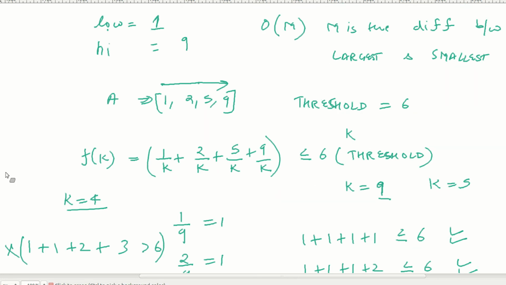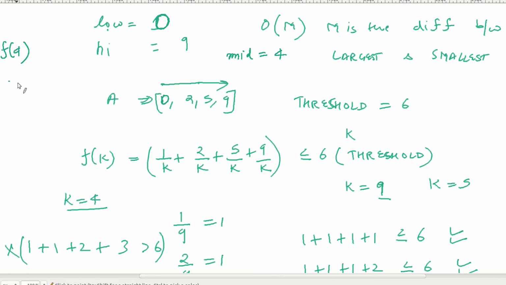So in this case, let's say instead of 1 to 9, I had 0 to 9. So I will compute my low, and low will be 0 and high will be 9. So I will compute the midpoint. Midpoint will be 4. So I will compute f of 4.